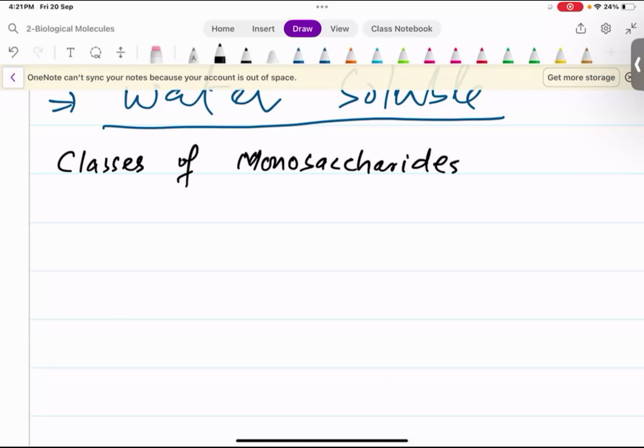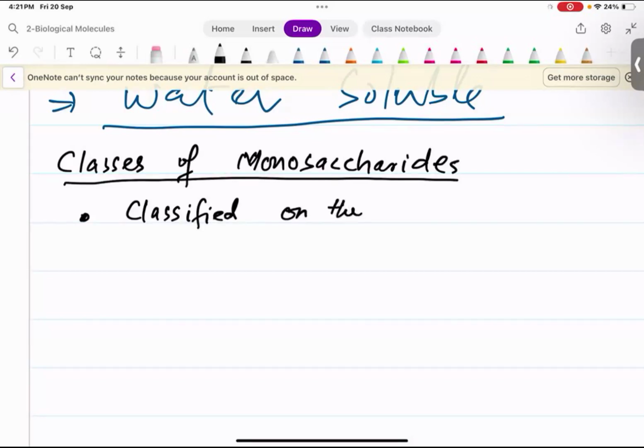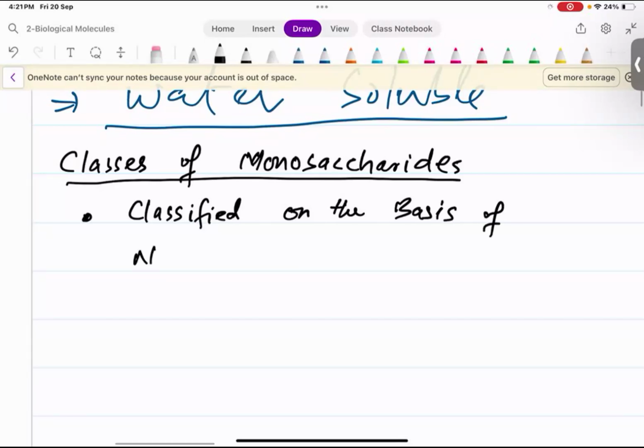Or you can say types of monosaccharides. Monosaccharides are classified or divided on the basis of the number of carbon found in them.